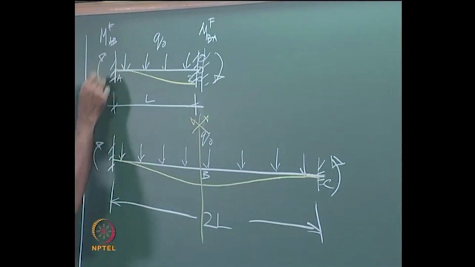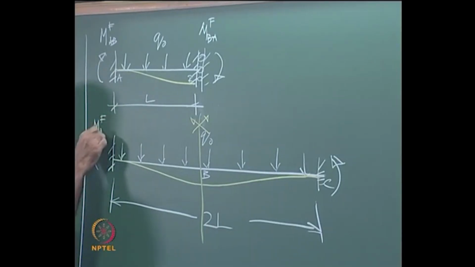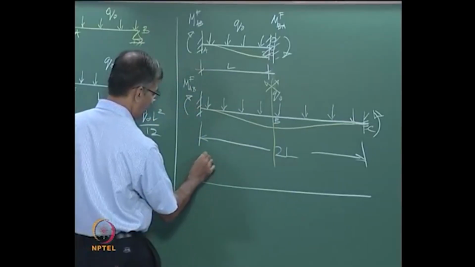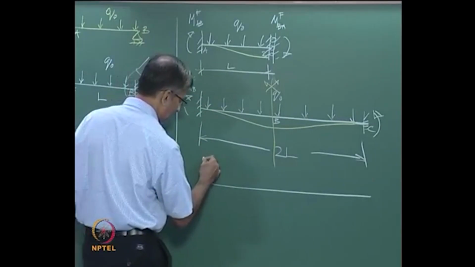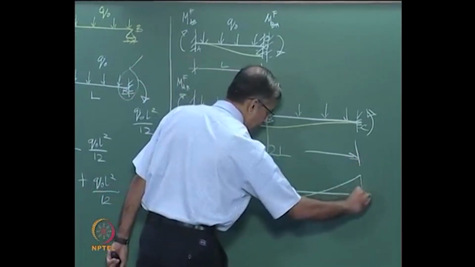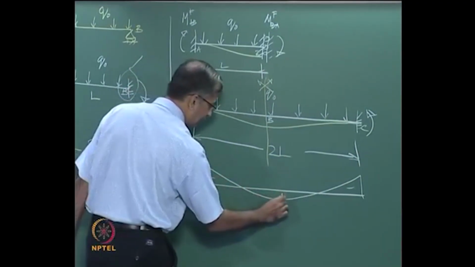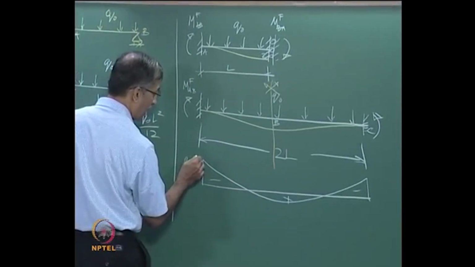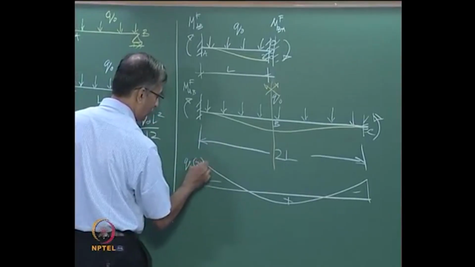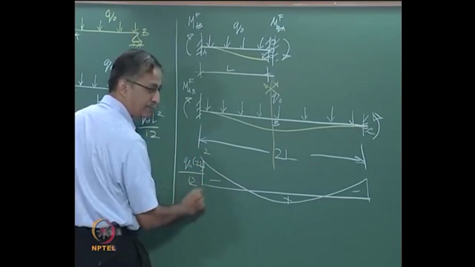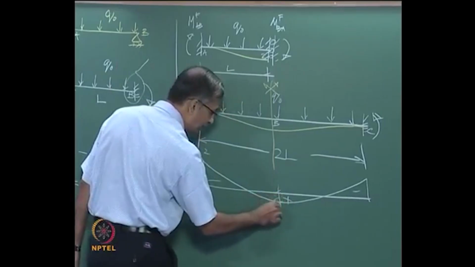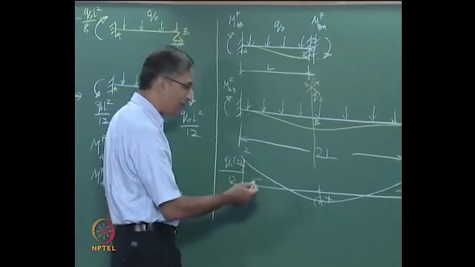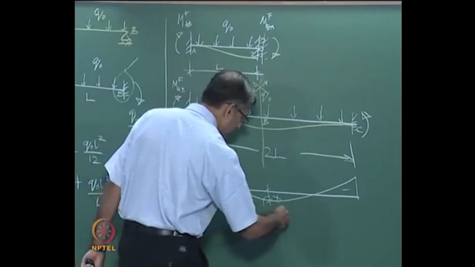So MFAB does not change. And if you remember, the bending moment diagram here will be hogging, hogging, sagging. This moment is Q naught into 2L the whole squared by 12. And what is going to be this moment in the middle? Well, remember, if it's simply supported, it's the same curve like that.